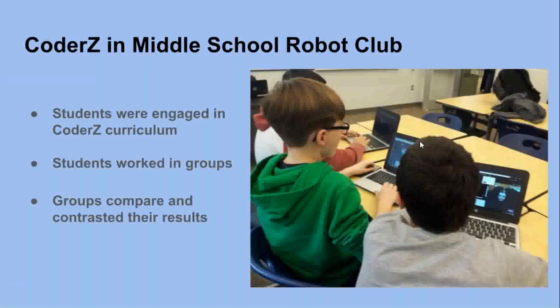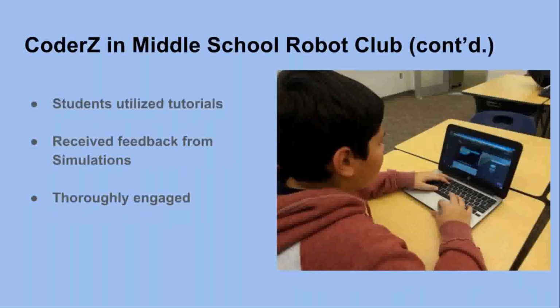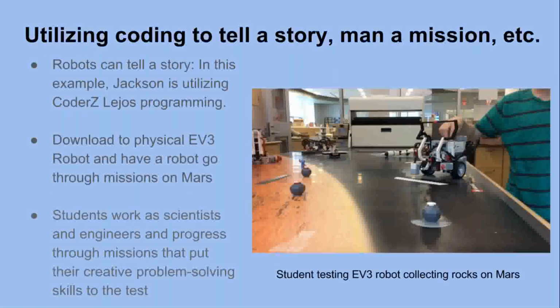Since he also loves the physical robots, I introduced him to Legos, which is a method you can use to download your program from CoderZ to a Lego EV3 robot. We have a space mat that was purchased for club activity titled Mission to Mars.